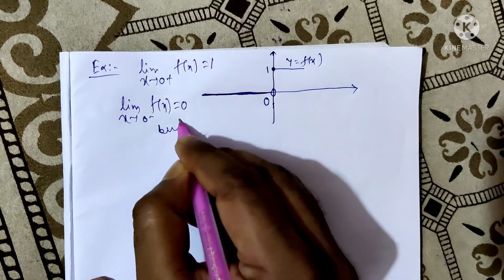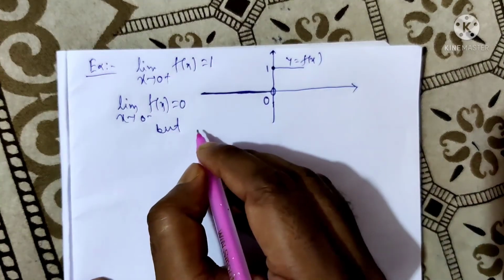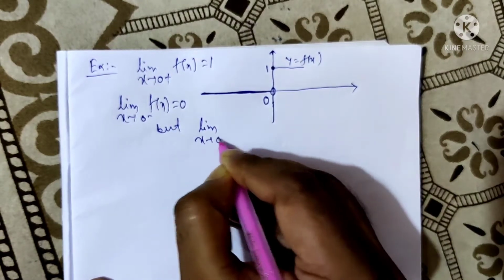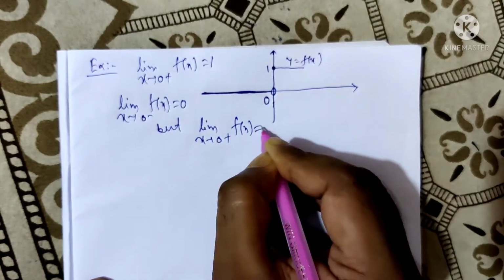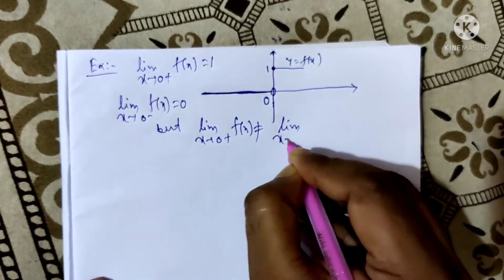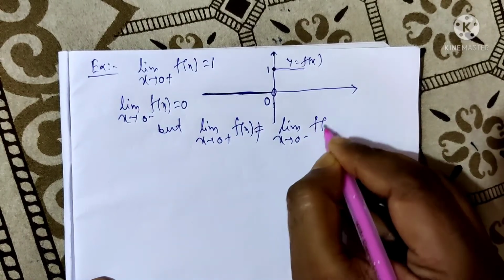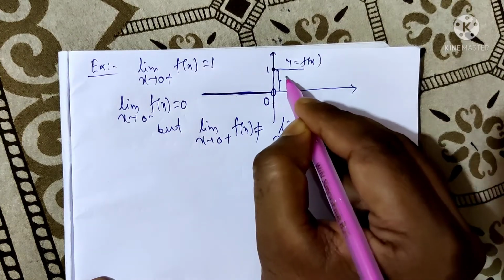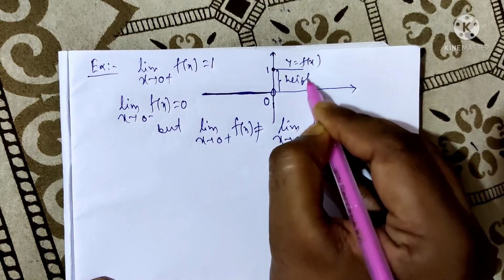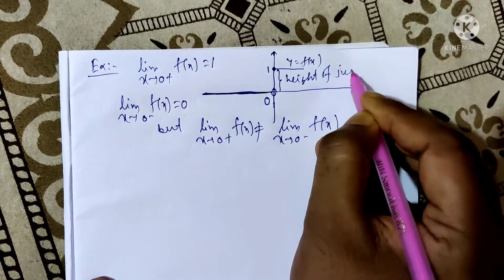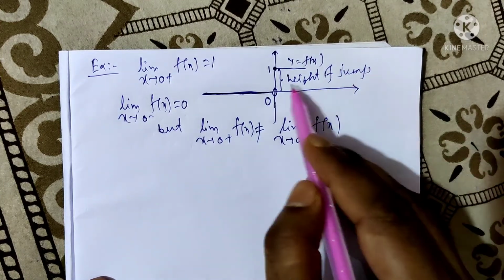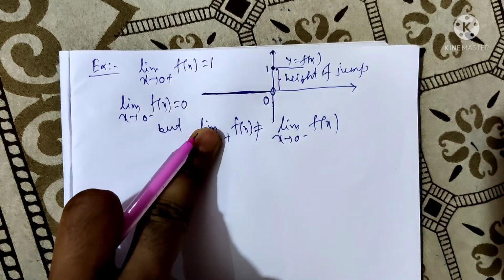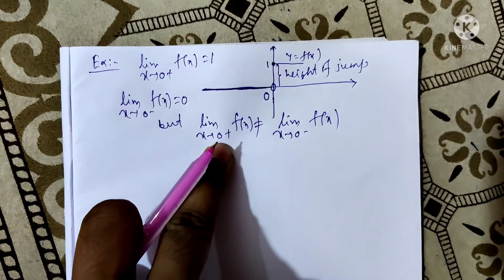But the limit as x tends to 0 plus of f(x) is not equal to the limit as x tends to 0 minus of f(x), and this is the height of jump. This kind of discontinuity is called jump discontinuity.